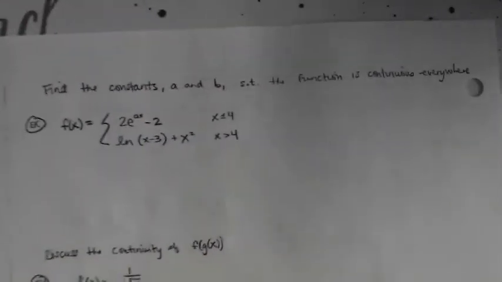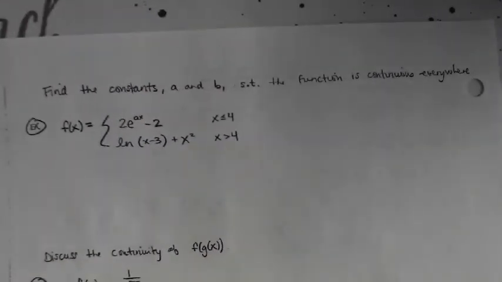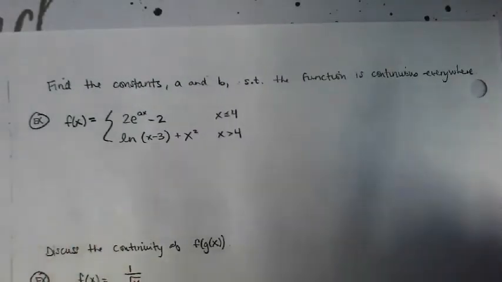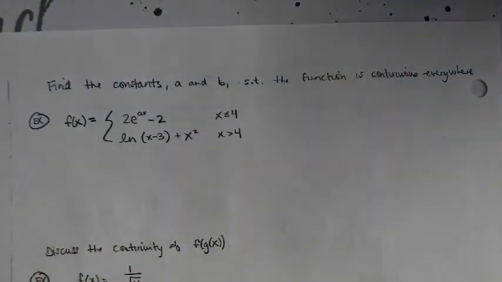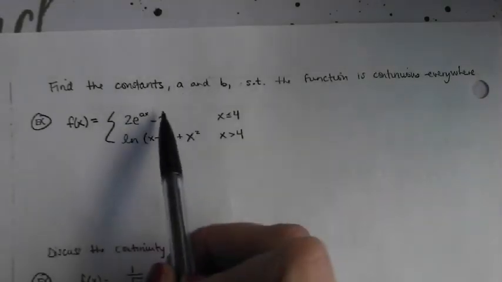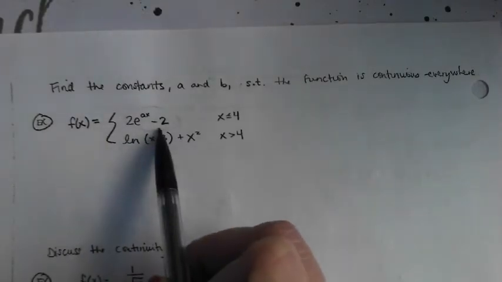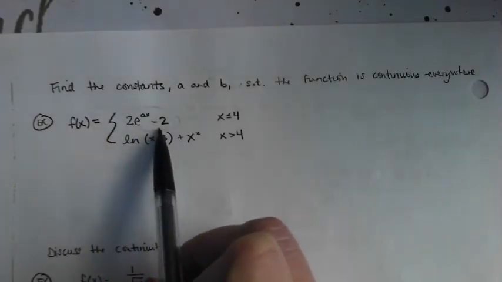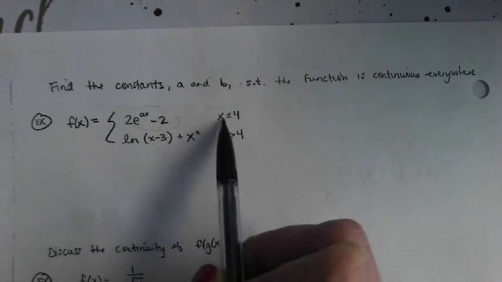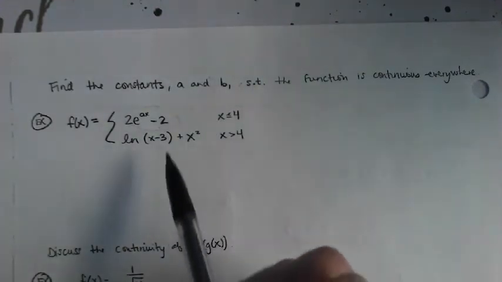These are skills that have come up via multiple choice questions, but on your homework, it really gets addressed in an entire section. We want this to be continuous everywhere. Well, again, this is an exponential function, so on its own, this is continuous everywhere anyway, so certainly less than or equal to 4, it's still going to be continuous.